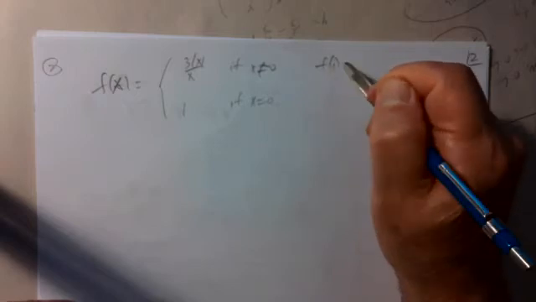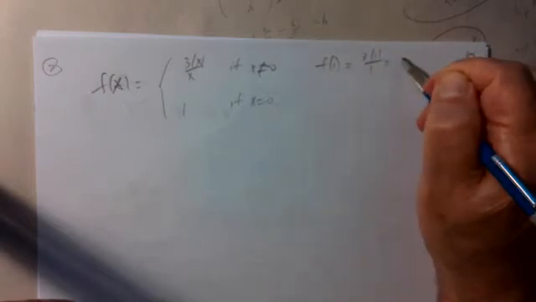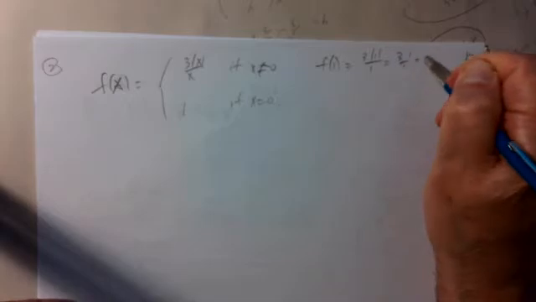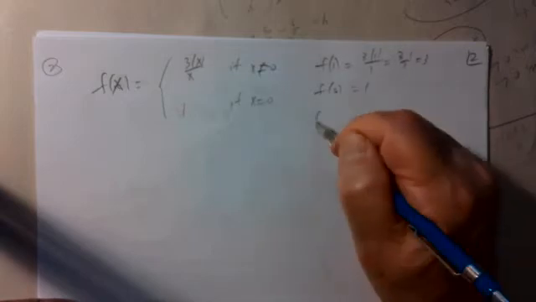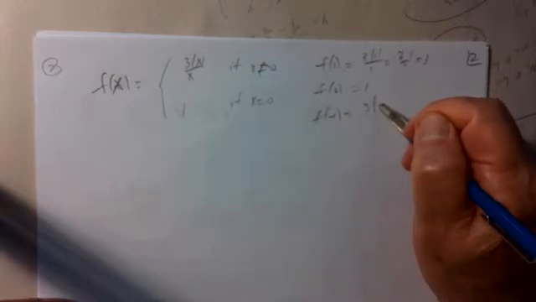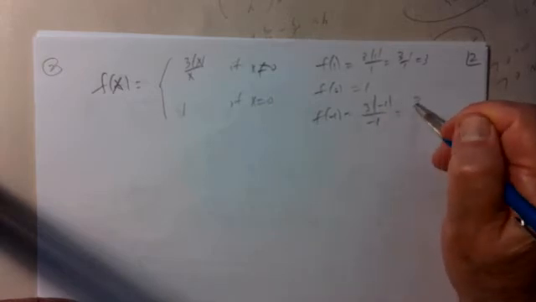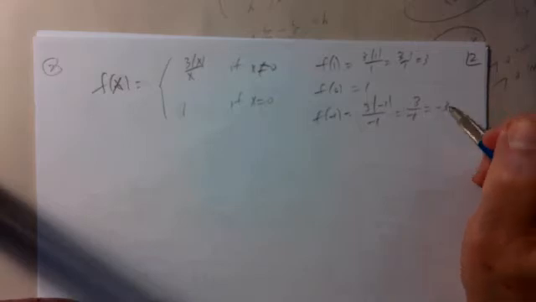So for example, f of 1 is 3 times the absolute value of 1 over 1, which is 3 times 1 over 1, is 3. f of 0, we're told, is 1. And f of minus 1 is 3 times the absolute value of -1 over -1. Absolute value of -1 is 1, so this is 3 over -1, or -3.